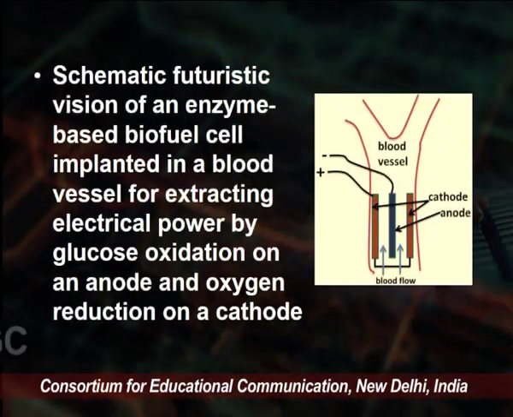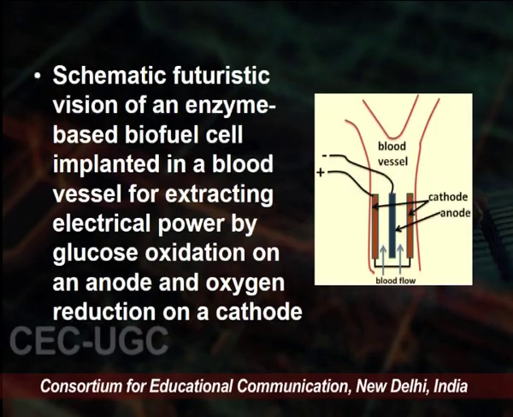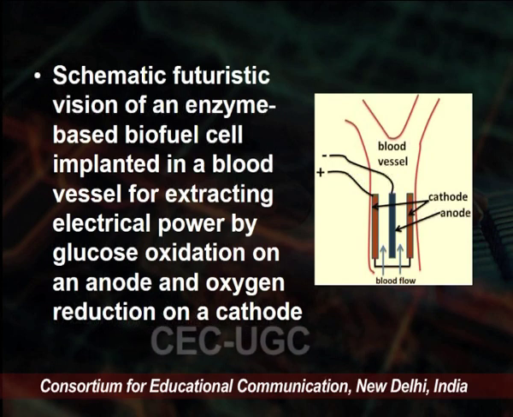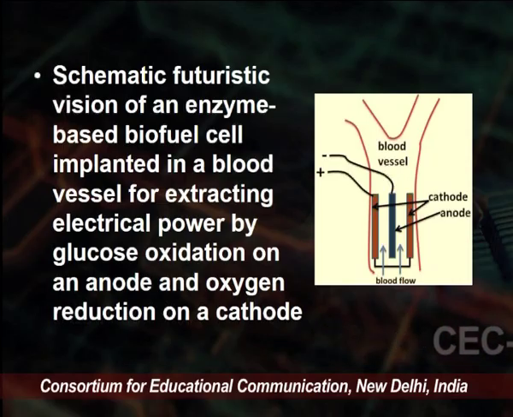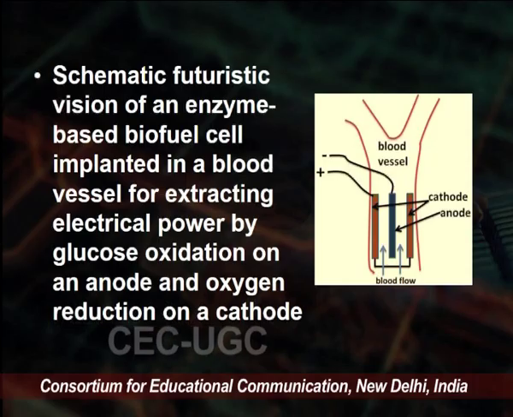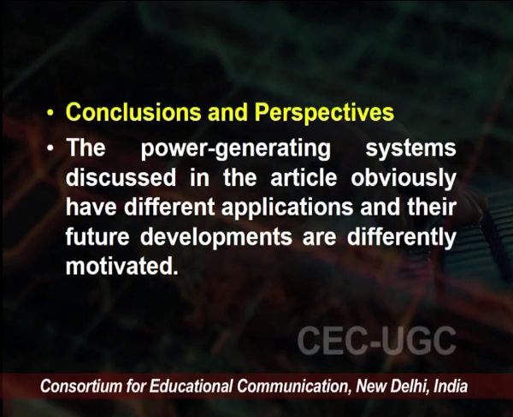Now, there is a futuristic vision of the enzymatic biofuel cell, which is based upon enzymes and is implantable in blood vessels for extracting electrical power by glucose oxidation on an anode and oxygen reduction on a cathode. You can see in the diagram there is a cathode and an anode, with oxygen reduction at the cathode as well as glucose oxidation at the anode. In this manner, these are enzymatic devices.